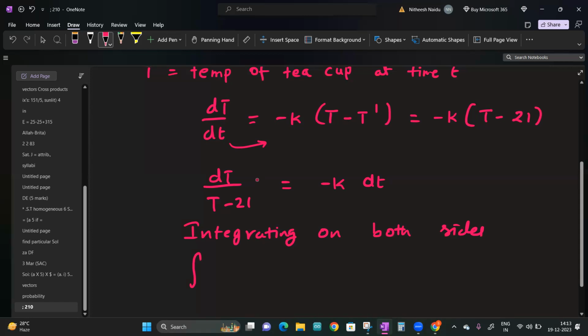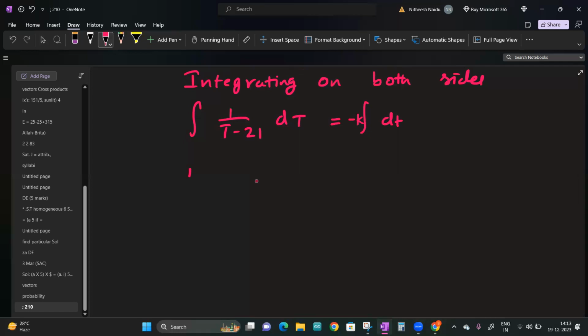We will get the integral of 1 by (T minus 21) dT is equal to the integral of minus k into dt. So that means log mod (T minus 21) is equal to minus k into small t plus C.